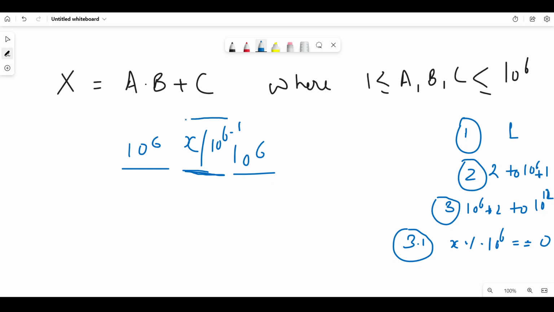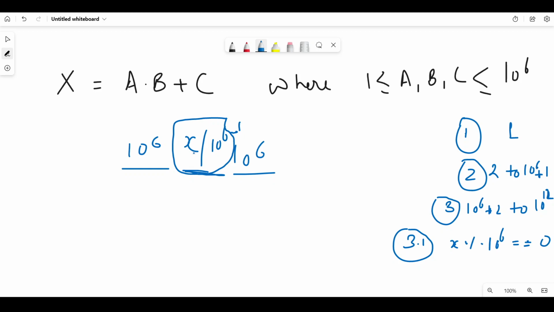Because I will first solve this and I will get a whole number, since x is greater than 10 to the power 6 and divisible by 10 to the power 6. I will get a number, and I'm going to subtract 1 from it, because I have taken 10 to the power 6 separately as c.